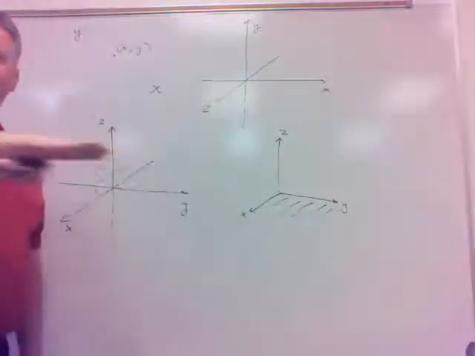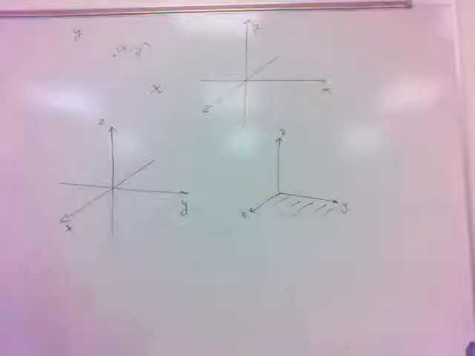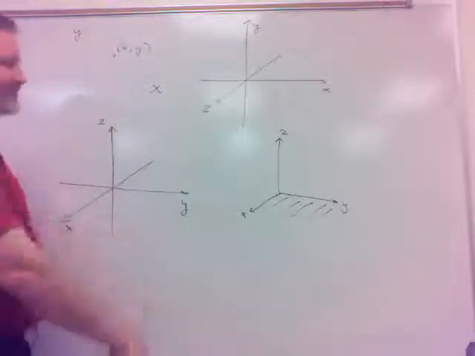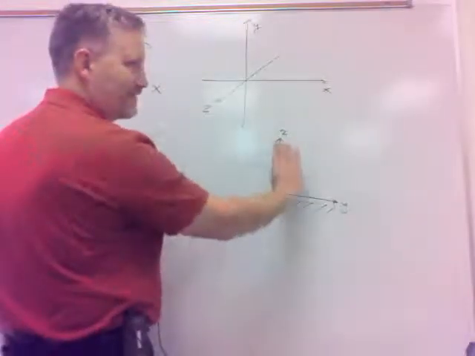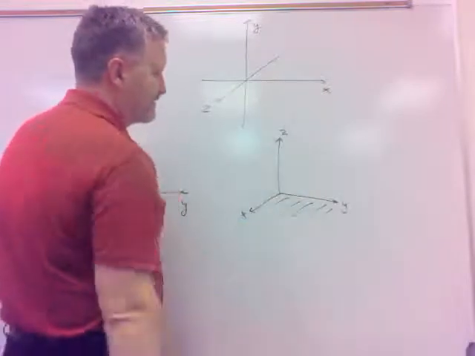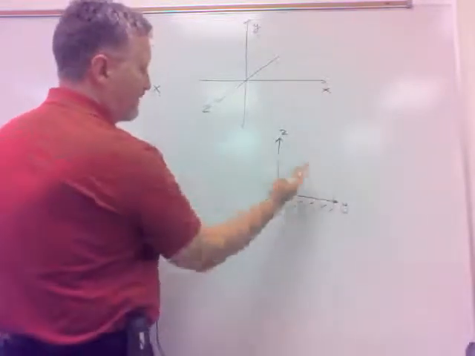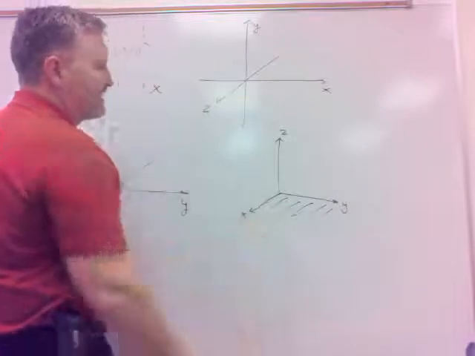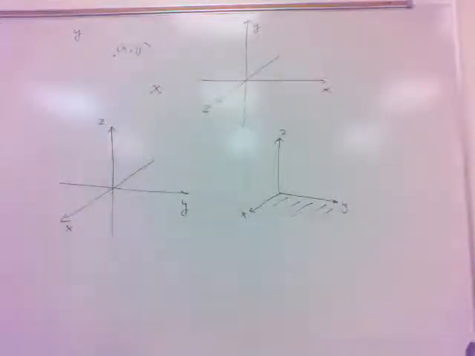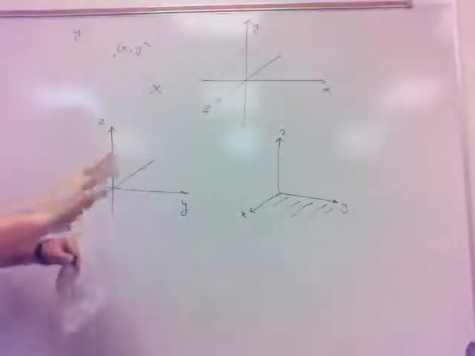So the xy plane is kind of the floor, and of course you have above and below the floor. The zy plane is the right wall, and the xz plane is the left wall, if you look in that corner. But of course they extend both ways.